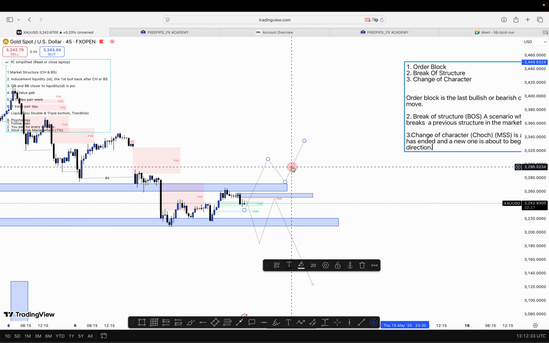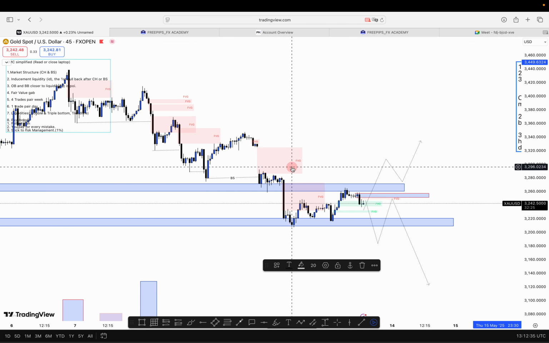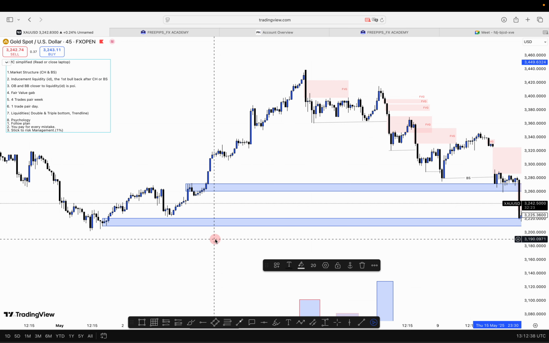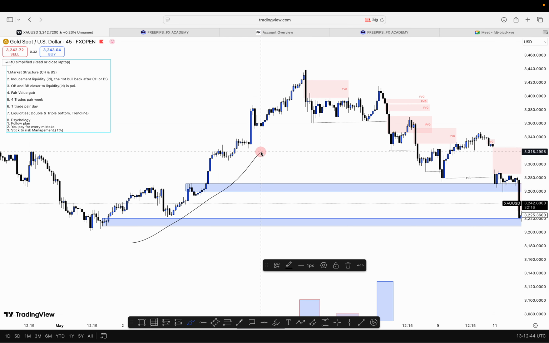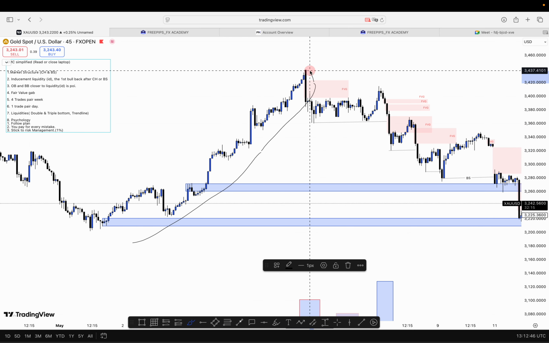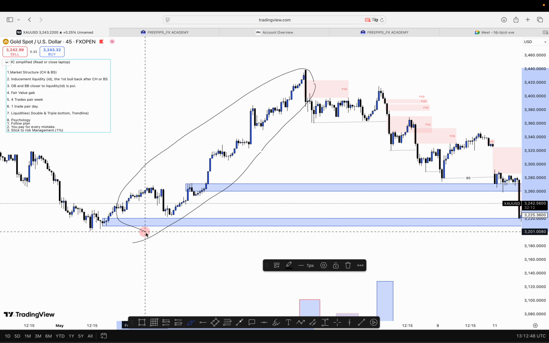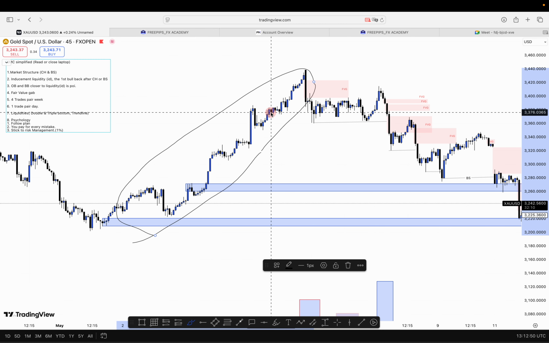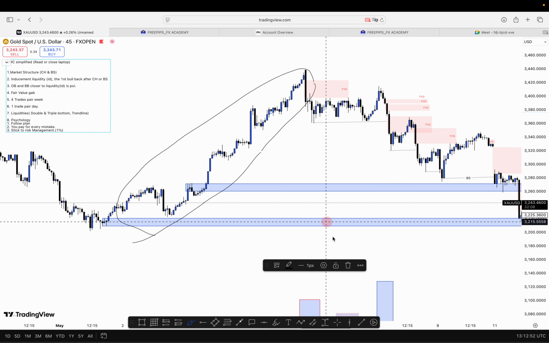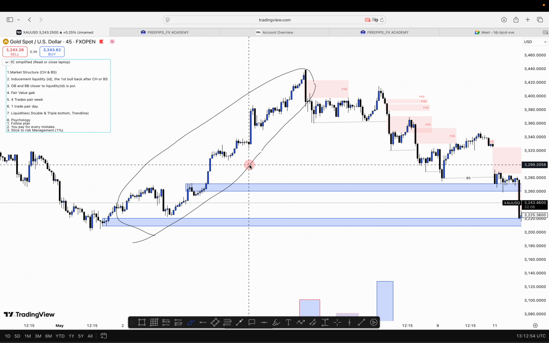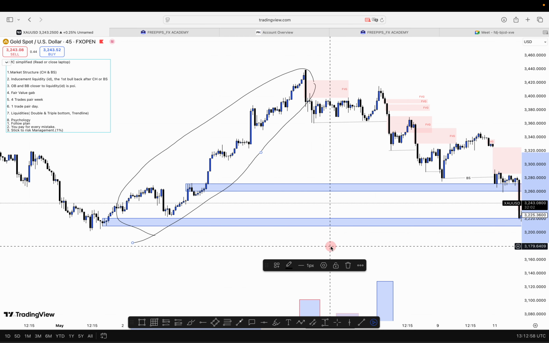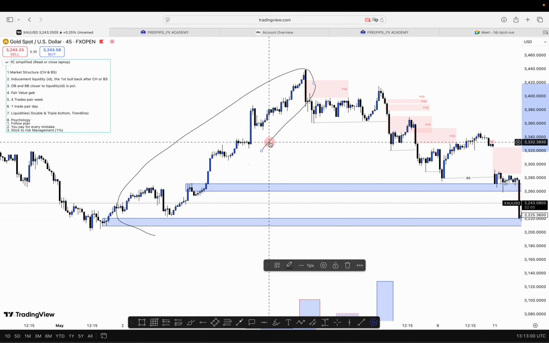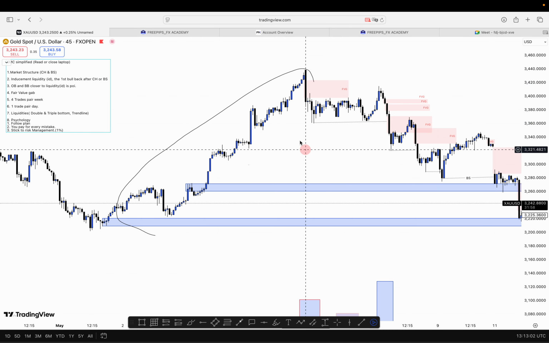So let's go to the chart and identify change of character. You see here, this side. Price was trending up, right? We were having a bullish market. All of a sudden, we had this strong move to the downside.